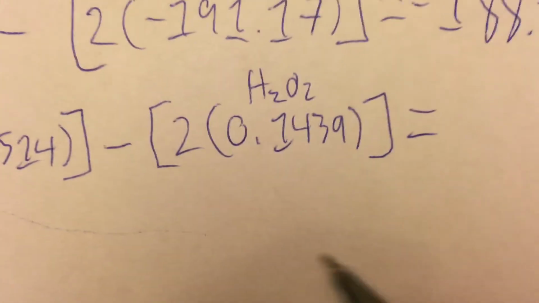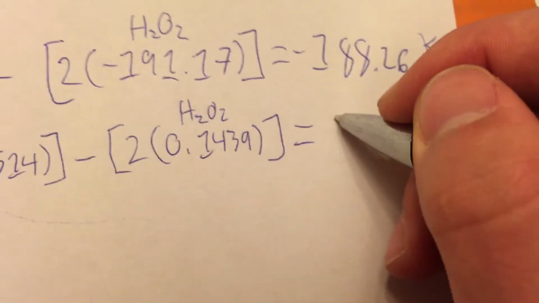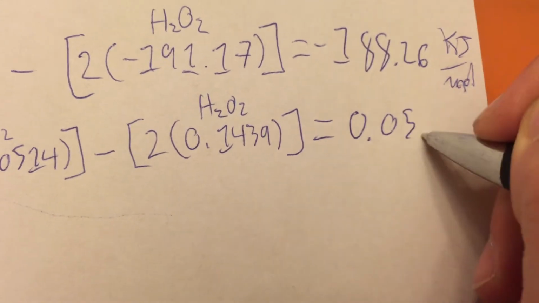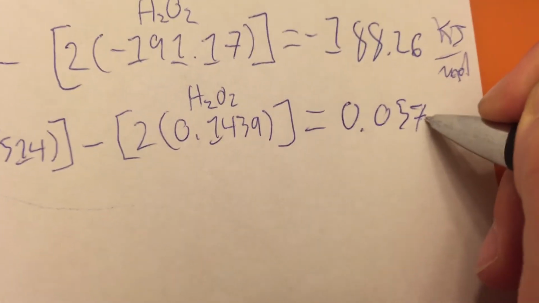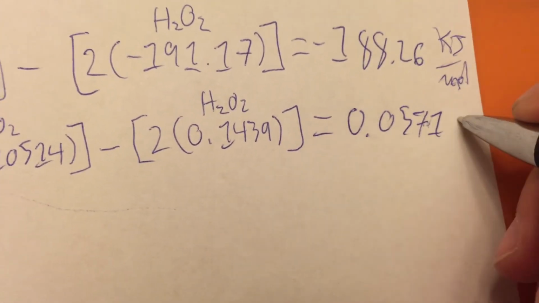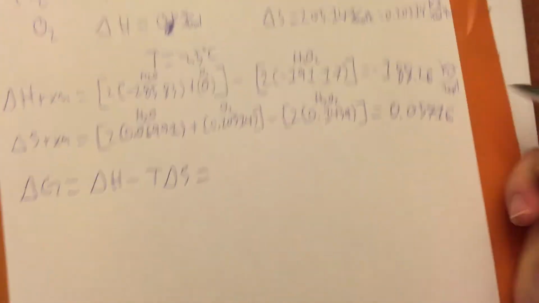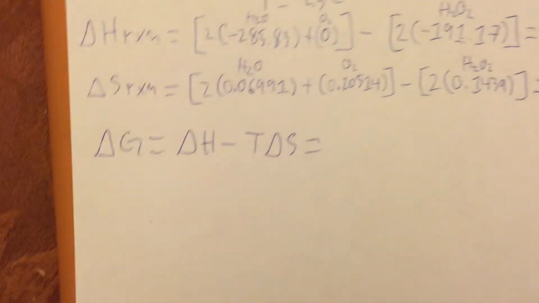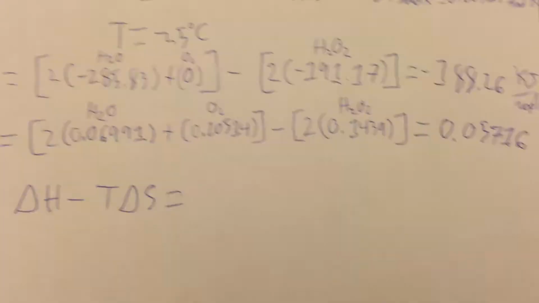And the answer you get for that one would be 0.05716. Now you don't have to be this accurate most of the time. You can round to a certain degree, but for the sake of math, I'll write it all out.